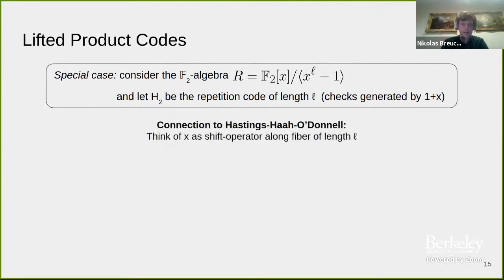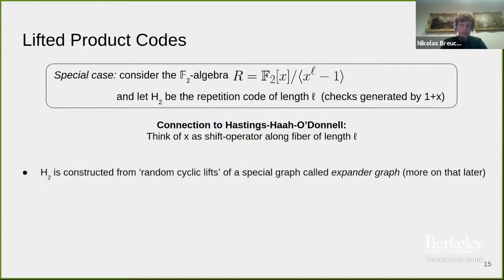And just to give you more intuition, I appreciate that this is quite technical, the connection to Hastings-O'Donnell is that you can think of x as a shift operator along the fiber. So in fact, the object we construct is more or less exactly the same, just in a different language.